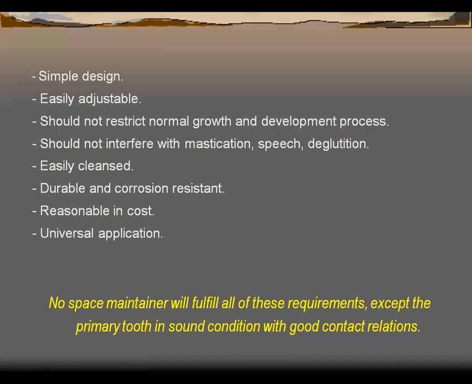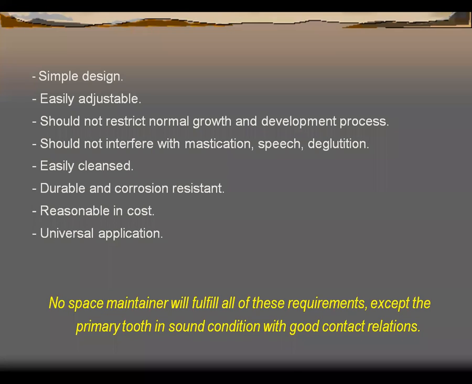Should have simple design, easily adjustable. It should not restrict normal growth and development process. It should not interfere with mastication, speech, deglutition. It should be easily cleansable, durable and corrosion resistant, reasonable in cost, and universally applicable.